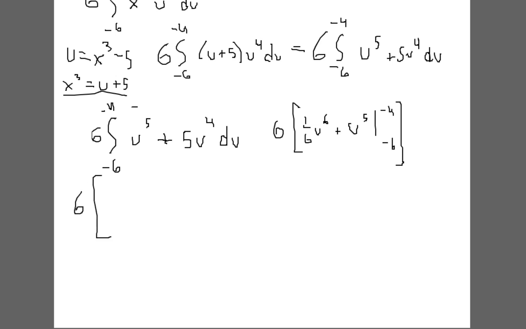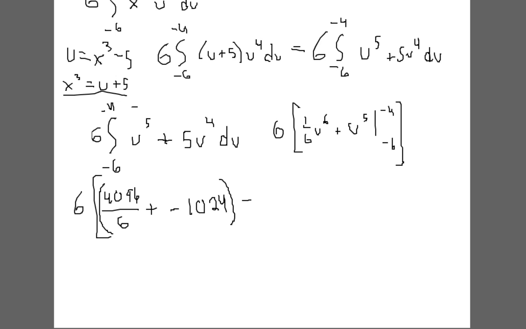Okay, so this is 6 times 4,096 over 6 plus negative 4 to the 5th. Just going to be minus our f of a, which is at -6, so we put in -6 for u.